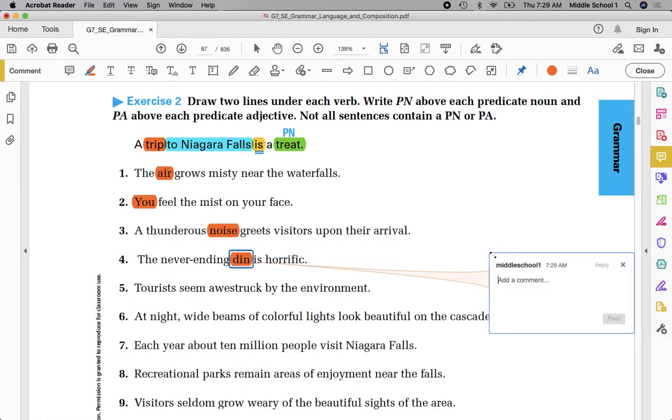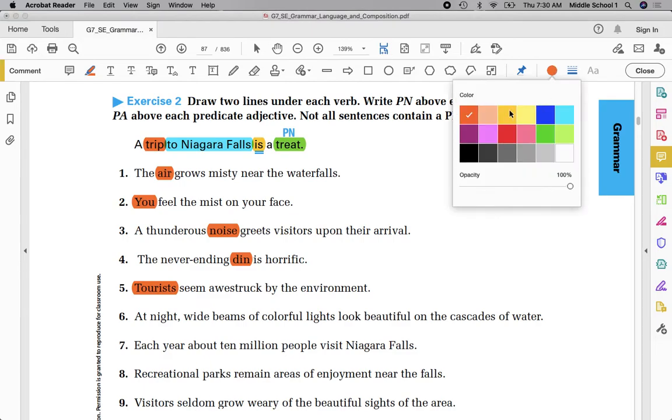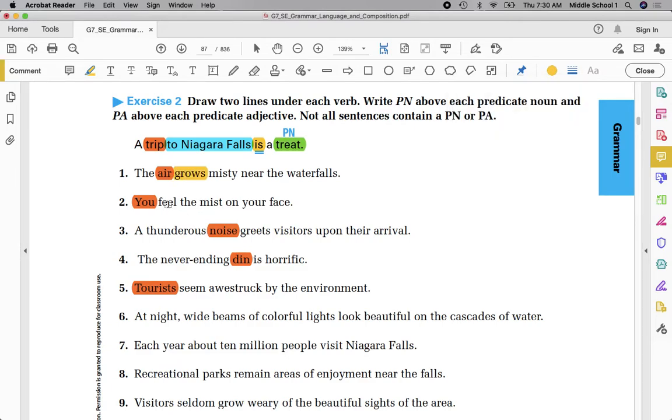Din. Din is a vocabulary word which means it's a noise. It's not pleasant. Tourists. And then you go back. What does the air do? It grows. You feel. A thunderous noise greets. The never-ending din is. Tourists seem.